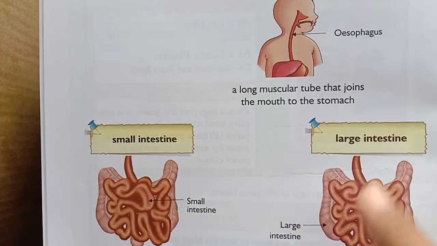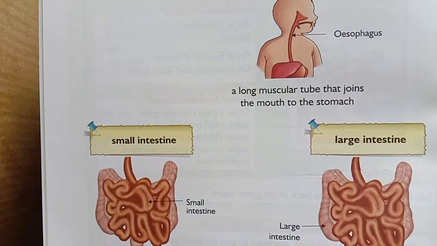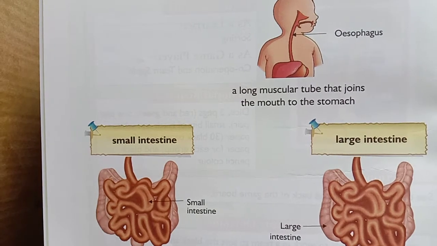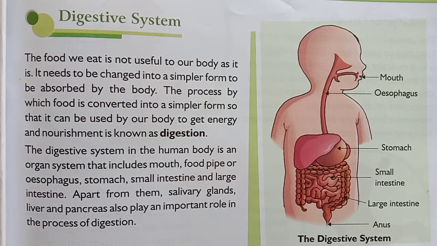Okay, students, now let us see the digestive system. We will start the lesson. So students, let's talk about the digestive system. The food we eat is not useful to our body as it is. It needs to be changed into a simpler form to be absorbed by the body.